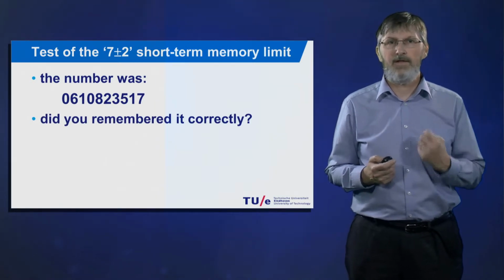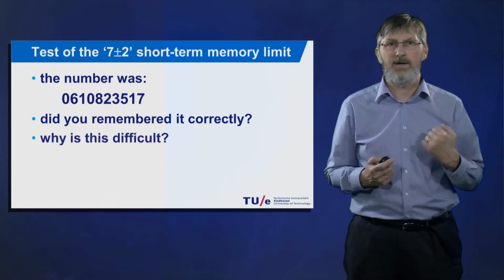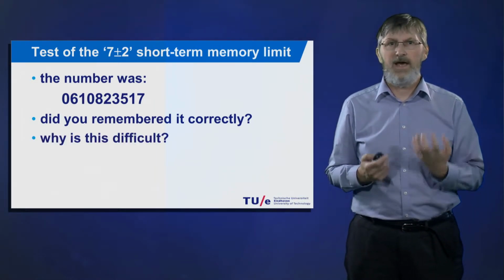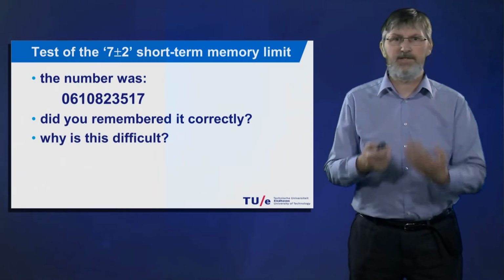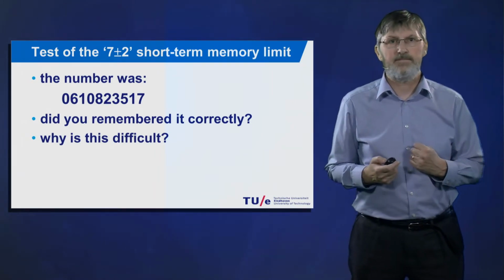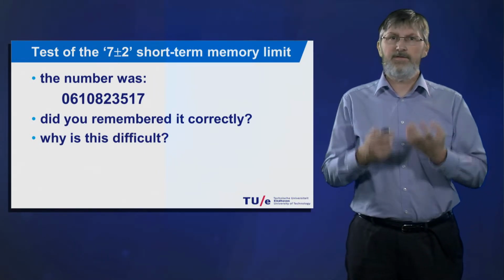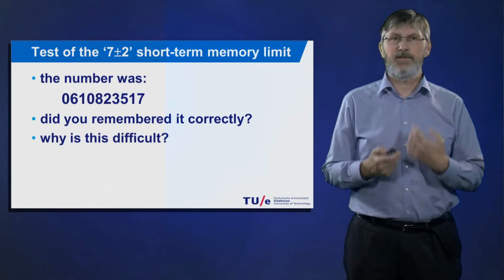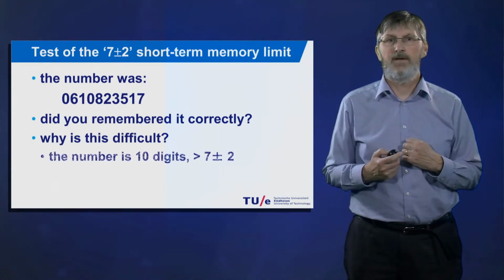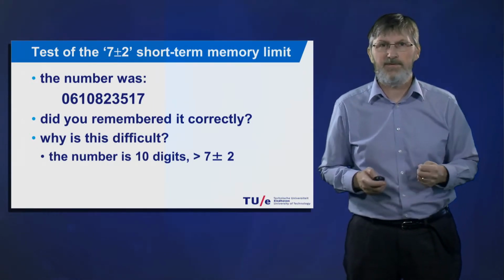Did you remember that number for the few seconds it takes between you saw it and writing it down? This is actually difficult to some extent because, as you see, there are 10 digits. Our memory can hold only 7 plus or minus 2 items. So in principle, this is too much. 10 is greater than 7 plus or minus 2.